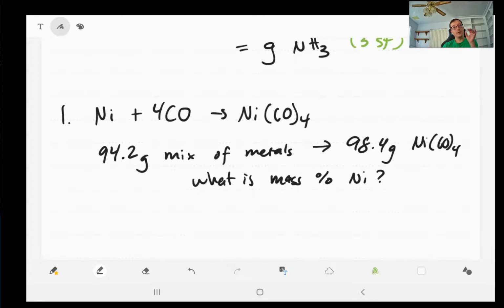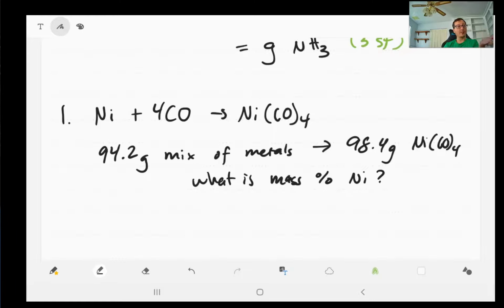So we have two numbers: 94.2 grams of this mixture of metals, and 98.4 grams of this nickel compound. With the stuff we've learned so far, having this number of the mix of metals is not going to be really useful for us in the context of a reaction, right?